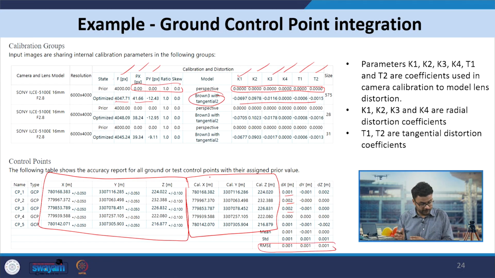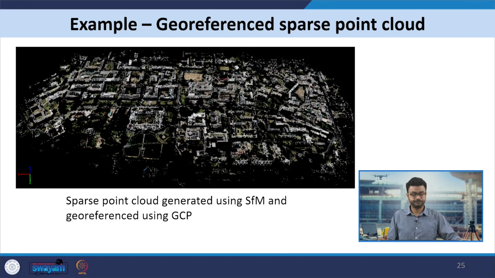Root mean square between the x, y, z and the calibrated x, y and z coordinate is also within 1 millimeter in all the cases. That means the use of ground control point is very much paramount in improving the survey accuracy.